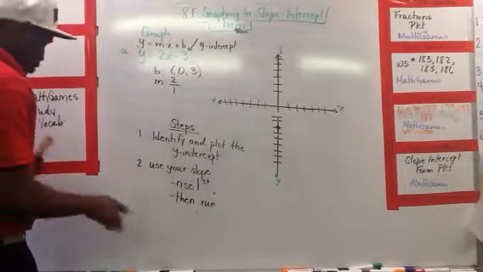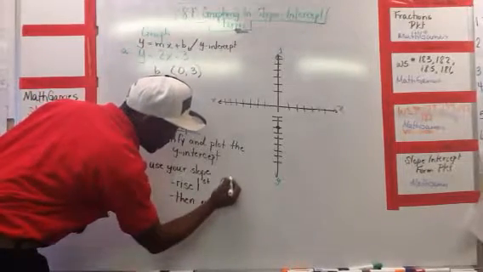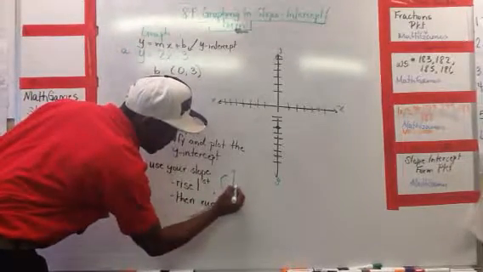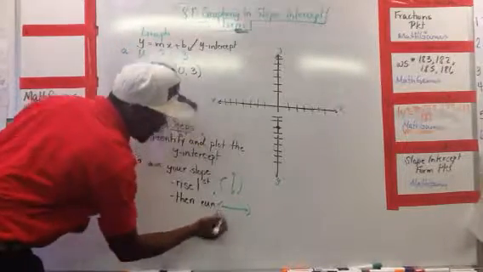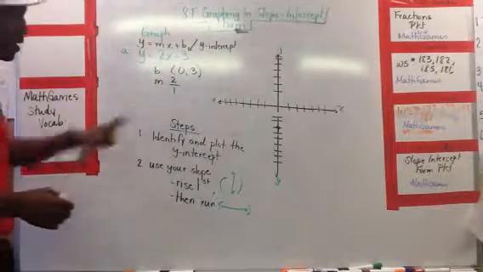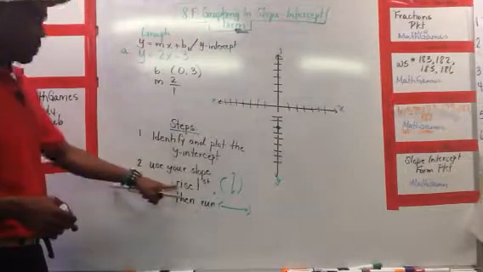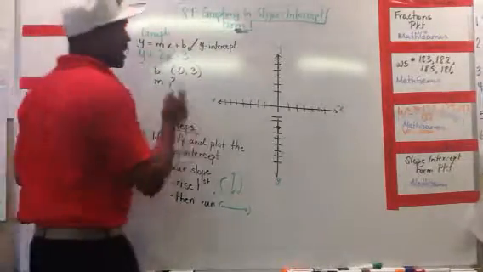Rise goes north to south. Run goes left to right. Okay? My slope is +2 over +1. So I'm going to rise first. I'm going to rise up 2 because that's a +2.